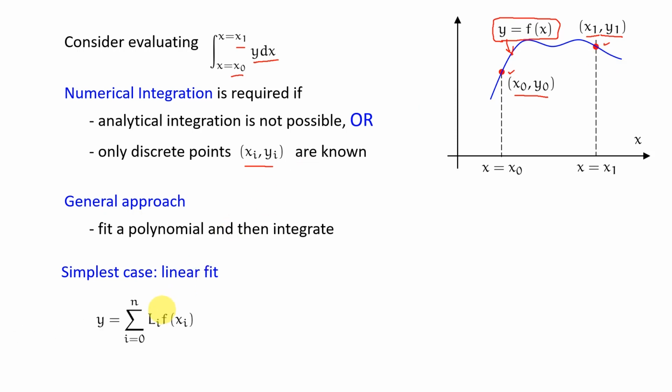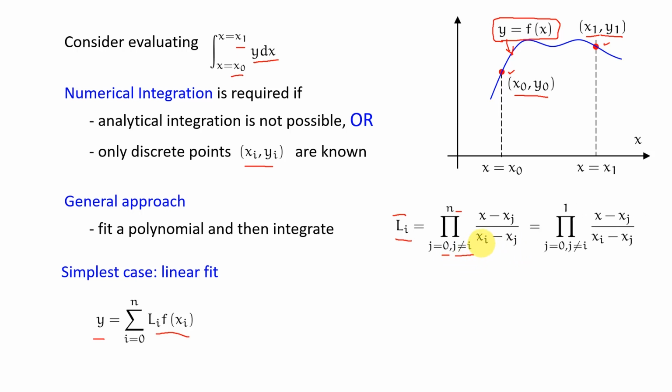In a linear fit, we can write in terms of a Lagrange polynomial. This is of course a general expression of the Lagrange polynomial. When we take a Lagrange polynomial, these Li's are functions of x, and we write Li as a product over j going from 0 to n of x minus xj divided by xi minus xj, where j cannot be equal to i.